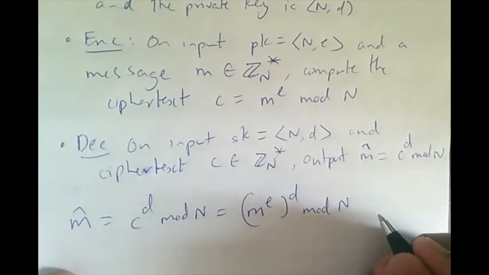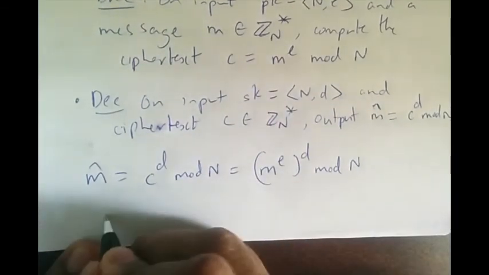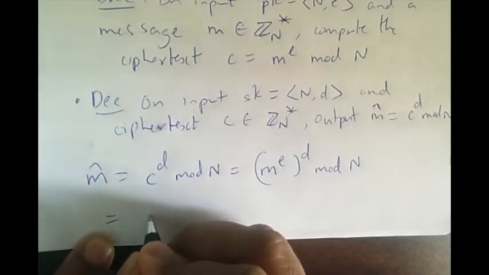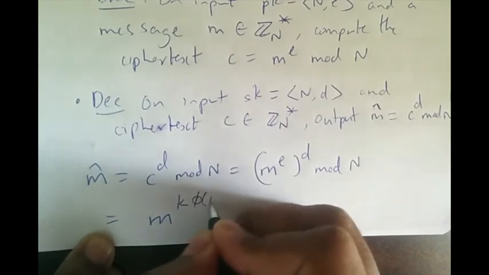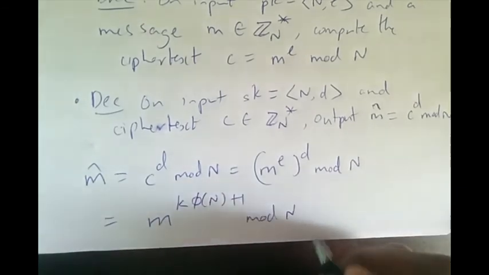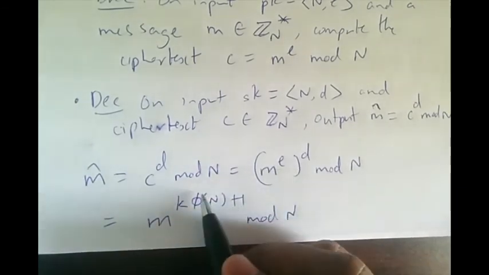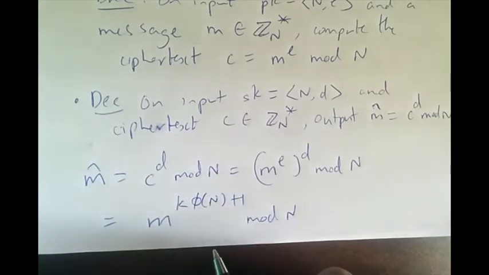Now, what is E times D? We said E times D was 1 mod phi of n. So this is equal to M to the ED, which is M to the k times phi of n plus 1 mod n, for some integer k, because E times D was 1 mod phi of n. So it is some integer multiple of phi of n plus 1.